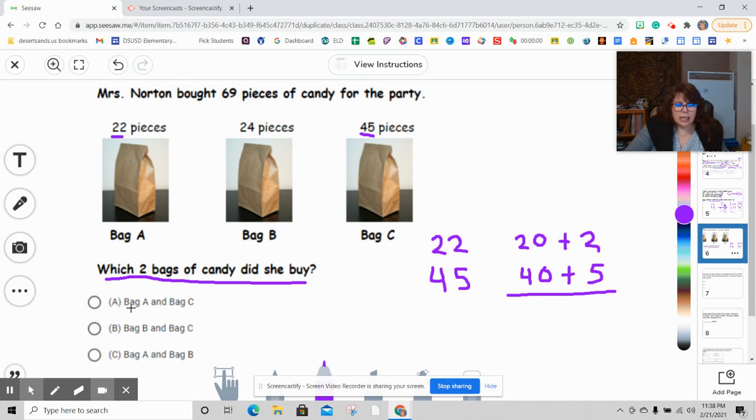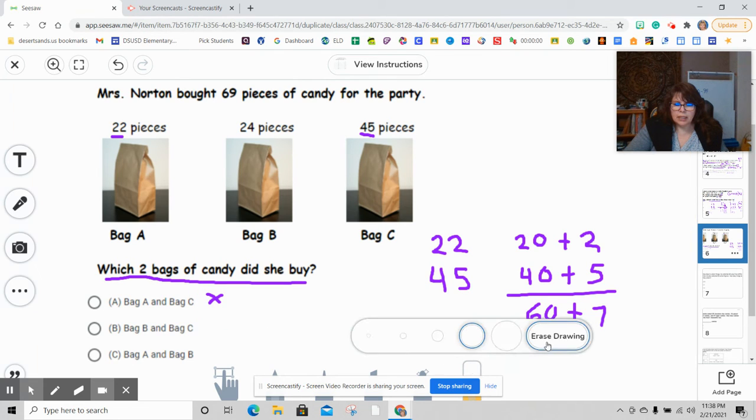Because I looked at bag A, it's 22 pieces, bag C was 45. So 40 plus 20 is 60, and then 5 plus 2 is 7. And that would be 67. But I want 69. So C is not a good choice.